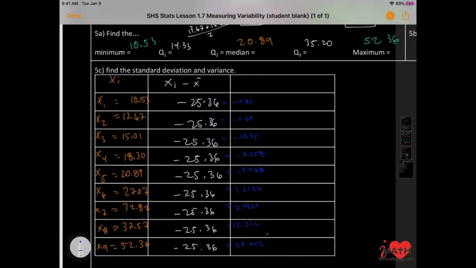We've taken our numbers, I've subtracted from the mean. Now I'm going to take these numbers in blue and we're going to square them.